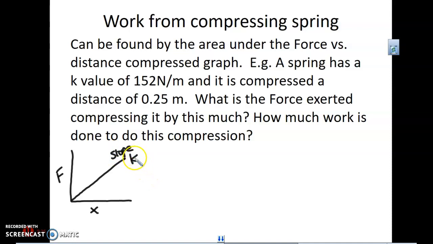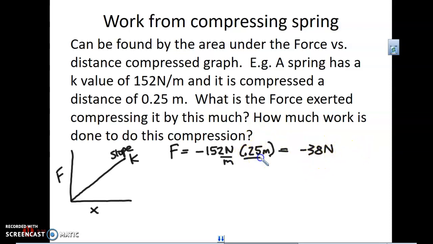I can take force equal to K times X, but the only thing I am calculating at that point is how much force is required at that point. So I could take a K value of 152 newtons per meter, multiplied by 0.25 meters, that was the maximum amount there. And I know that the restoring force toward the equilibrium position is going to be 38 newtons.